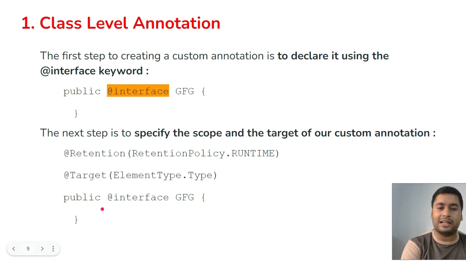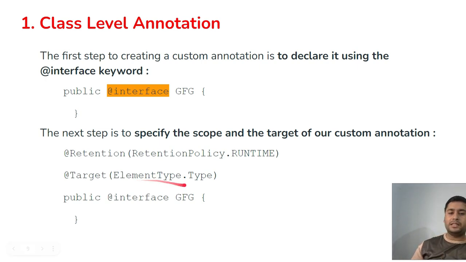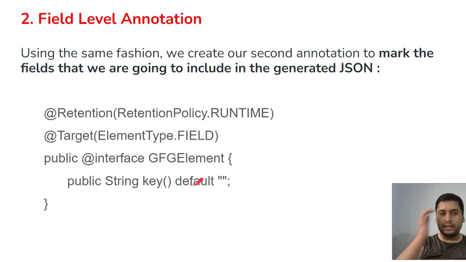On top of the annotation you write @Target and @Retention with RUNTIME. If you use RUNTIME, it will work at runtime; if you use compile time, it will work at compile time only. The target is ElementType, here TYPE, which means it can be used on a type. Now the field level annotation.